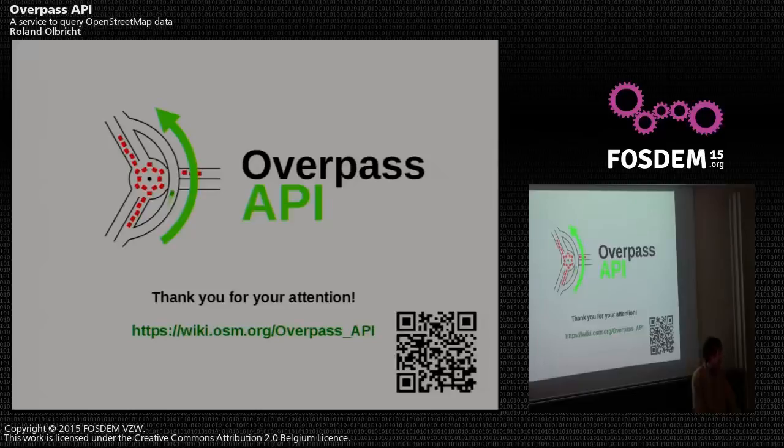Can you also do complex geometries for your queries? You can ask for polygons as boundaries. To return to the question, in Overpass Turbo there could be a suggestion of properties. In fact, there is. It's called Wizard.